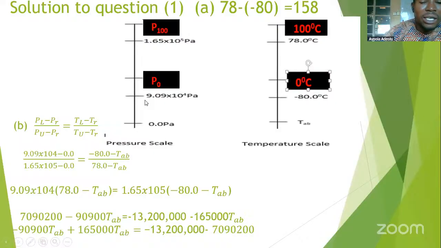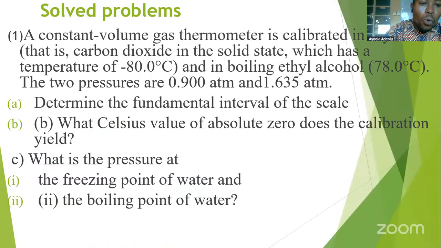And the pressure there is this value. Then the upper is 78, and the pressure there is 1.65 times 10 to the power 5 Pascal. So just consider this one as the fixed point on that thermometer and that pressure scale. The question is now saying, what Celsius value of absolute zero does the calibration yield?